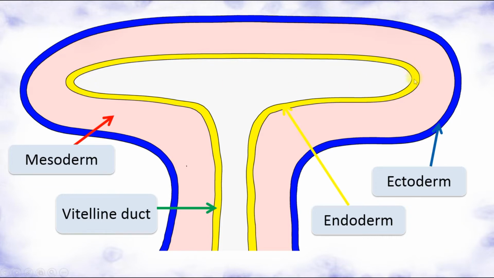Both ends are blind. So how to eat? How will this embryo eat and how will it release waste products? Both ends are closed. So at this stage, ectoderm is involved in the formation of the digestive system.